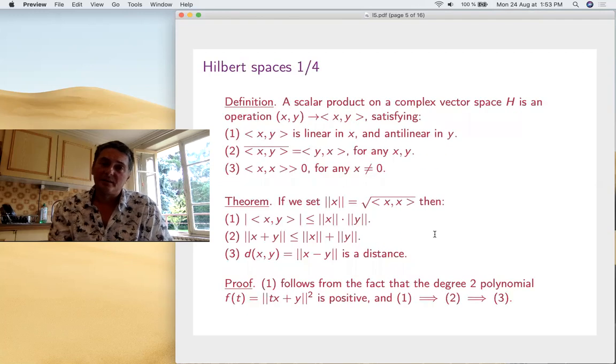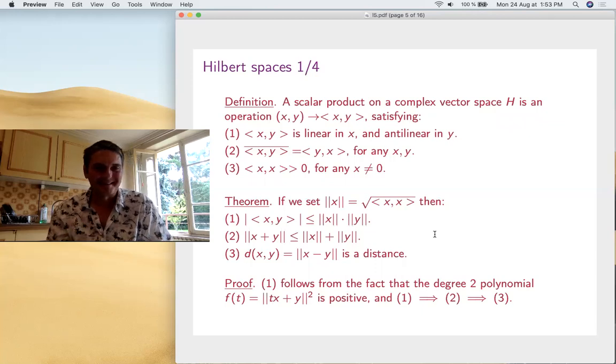Now, as I told you, we're mostly interested in the infinite dimensional case. And here, in order to get results, we have to put some more structure, these scalar products. These are very important because on Cn you have the usual scalar product, right? Sum of xi yi bar, that's your scalar product.